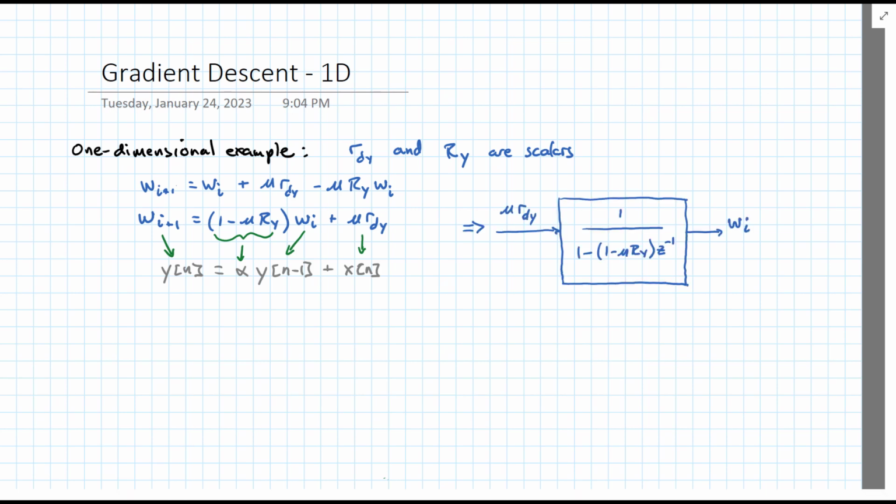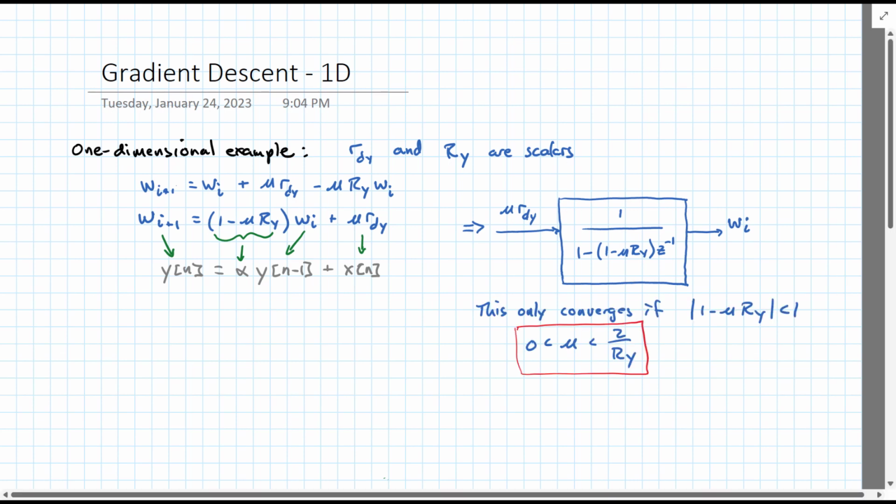Here we have a recursive filter. The z-transform is given by 1 minus our recursive gain coefficient, z to the minus 1 on the bottom there, constant input, and the output is our updated filter weight. This only converges if 1 minus mu ry is less than 1 in magnitude.